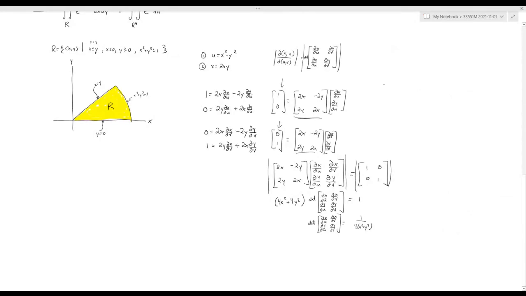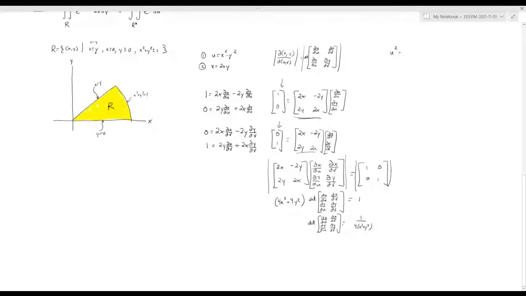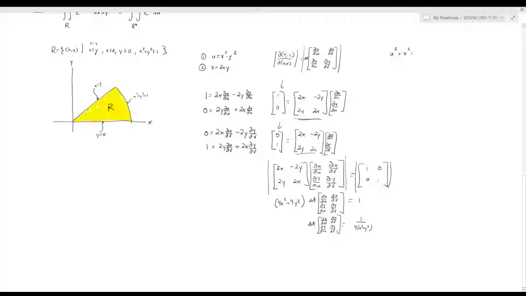So we could try to solve for x and y directly as functions of u. Or we can be a little bit more clever and notice what u squared plus v squared equals. So here's u being squared, and here's v being squared.